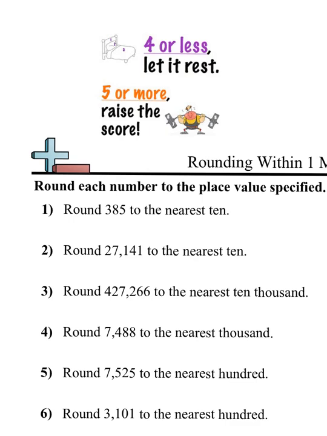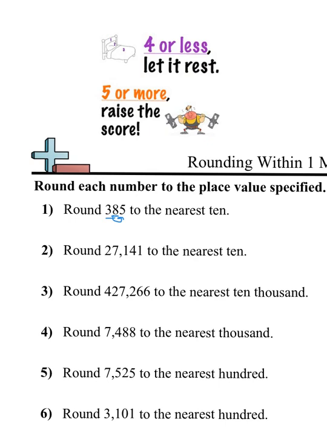So let's look at our worksheet now, and let's focus on the side of the worksheet where we're rounding to whole numbers. Number 1 says round 385 to the nearest 10. The first step is to locate the tens place. The 8 is in the tens place, so let's underline the 8. Then I like to draw a little arrow to the neighbor to the right. The neighbor to the right is a 5. Remember, 4 or less, let it rest. 5 or more, raise the score.